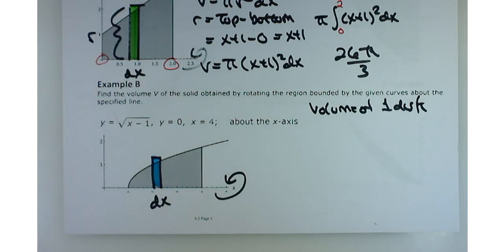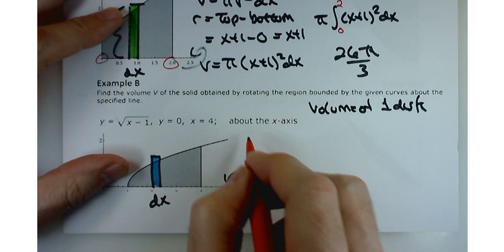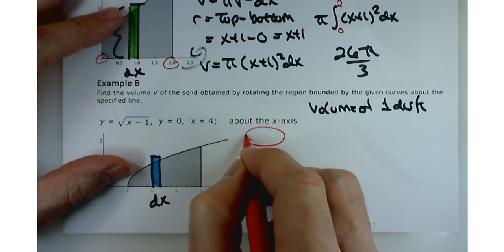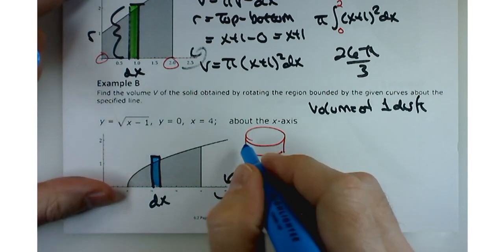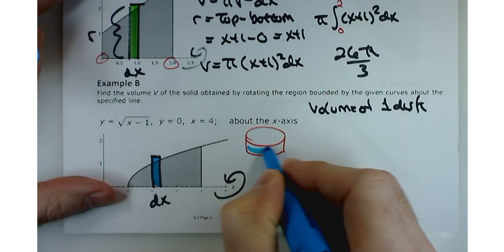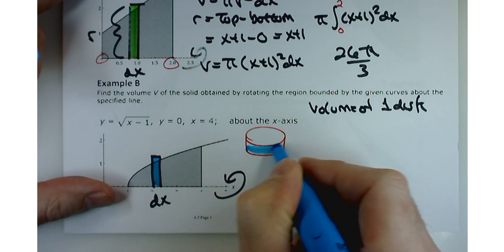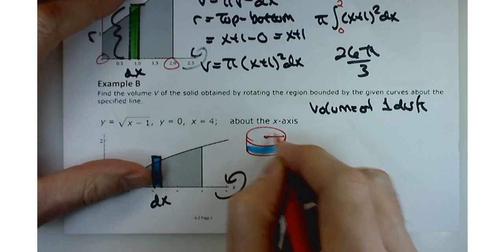And maybe I'll draw another little hockey puck over here, just for giggles. So there's our little hockey puck, our disc. We're trying to find the volume of that one disc. Now that disc has a radius, which is r.